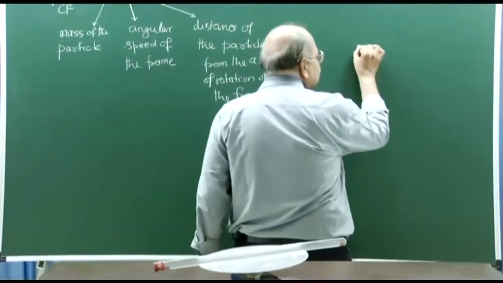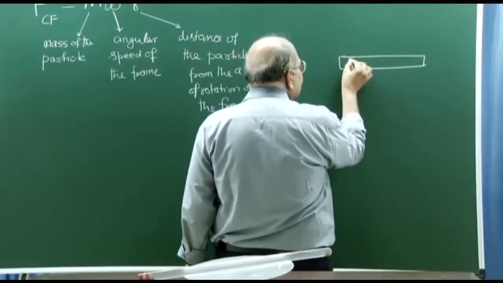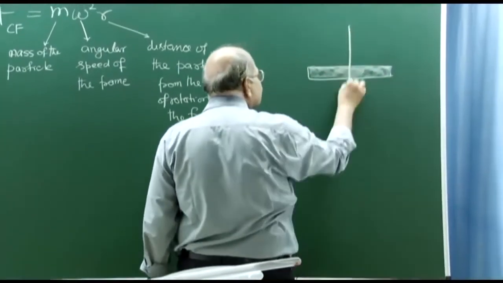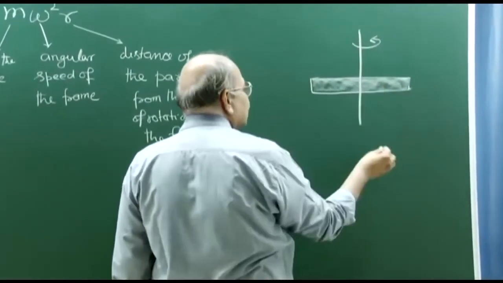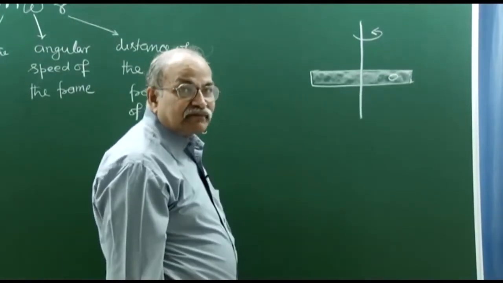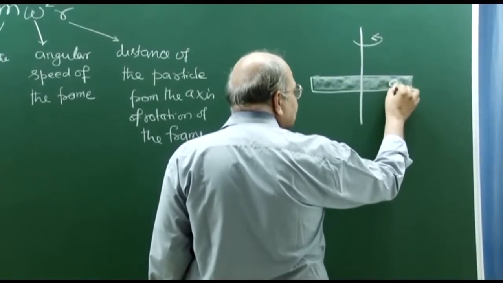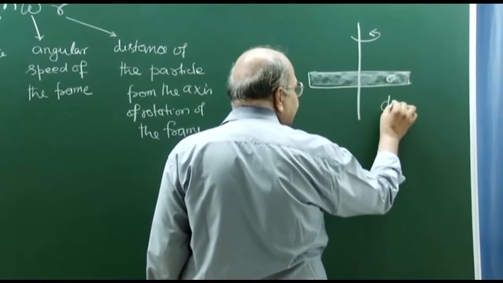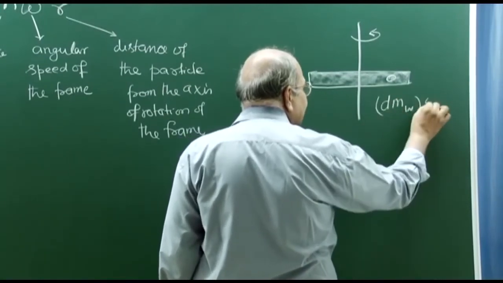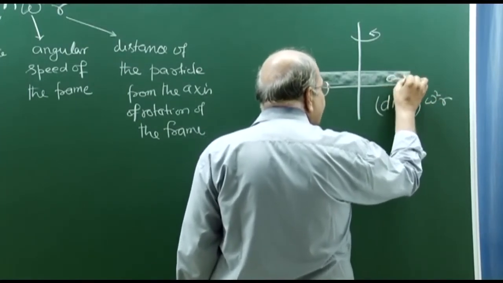Suppose you have a tube here which is closed at the two ends, it is completely filled with water, and then this is the axis and this is rotating like this, and I am thinking of say this portion of water. So, there is some mass of this, which I will write as dm water, and this mass times omega square r is the centrifugal force which acts.